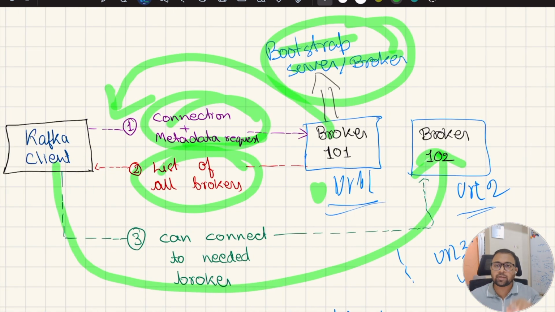Then we have also seen the concept of bootstrap server. I have told you that any Kafka client application connecting to different brokers, the different machines of a Kafka cluster, doesn't need to connect to each and every broker. They can connect to any broker, which we can call a bootstrap server, and that will give you the metadata information of all other brokers. Once this is set up, a Kafka client will start talking to all other brokers.